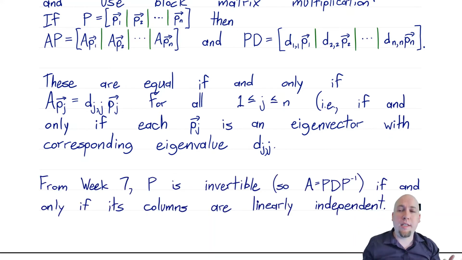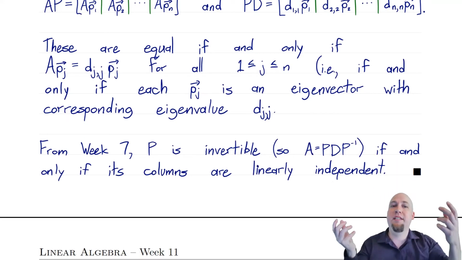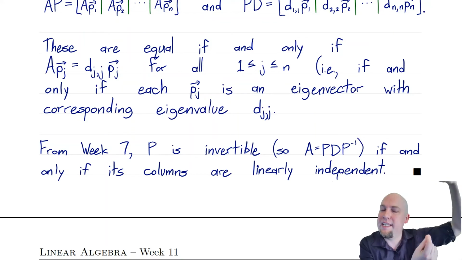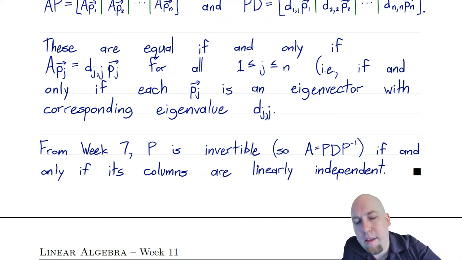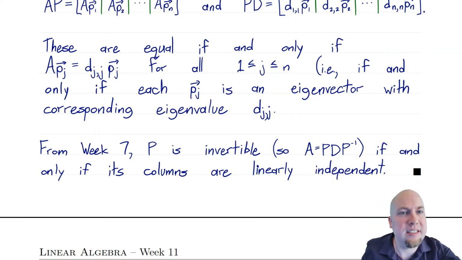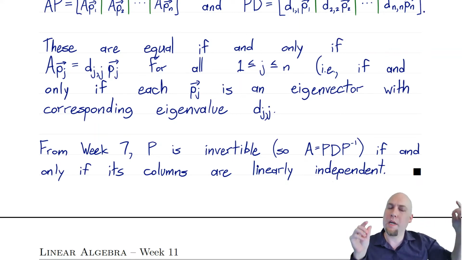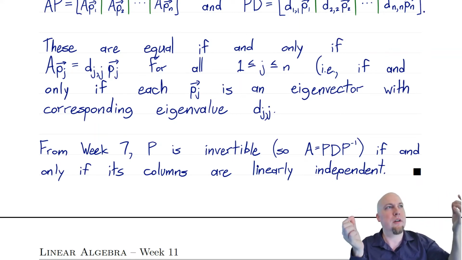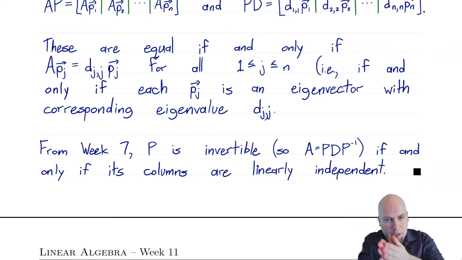So we've proved about 95% of the theorem now. All that's left is to remind ourselves that we also need P to be invertible. Where does that come from? We can't just choose these columns P1, P2 up to Pn arbitrarily. If we want that matrix to be invertible, remember one of our theorems said that a matrix is invertible if and only if its columns form a linearly independent set.